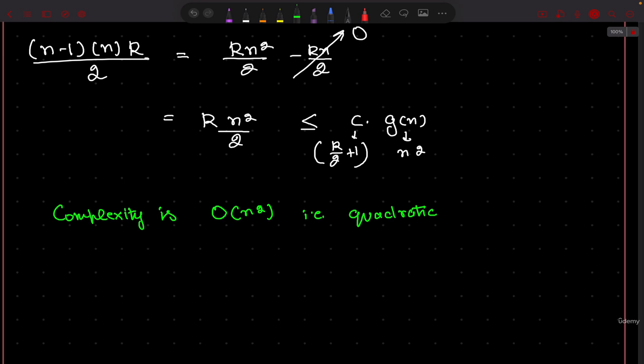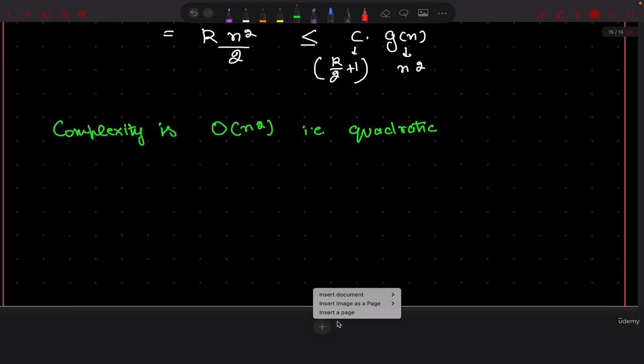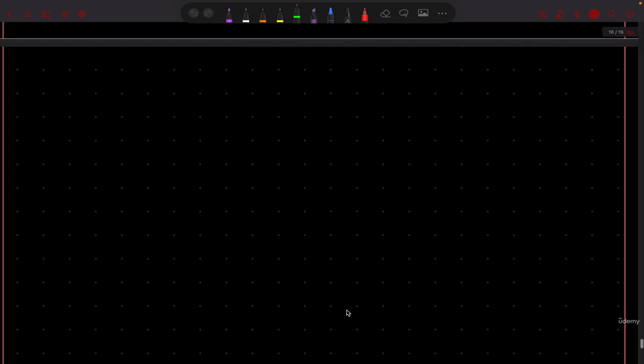Now one more thing which I would like you to actually teach or discuss is the best case complexity, let's say, in terms of your insertion sort, right? So let me write best case complexity for insertion sort.